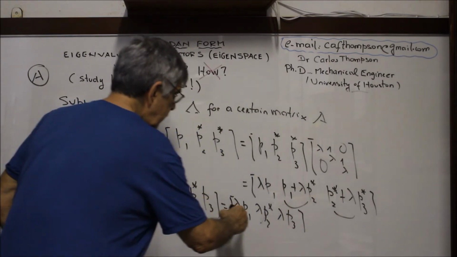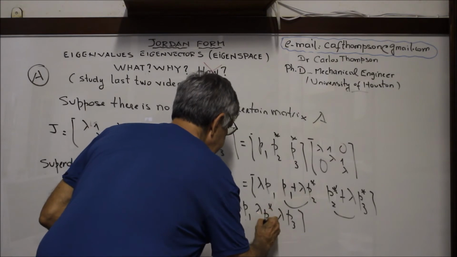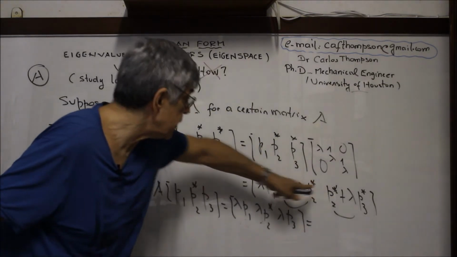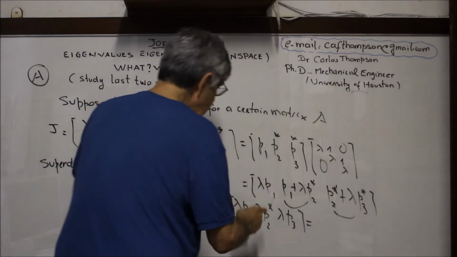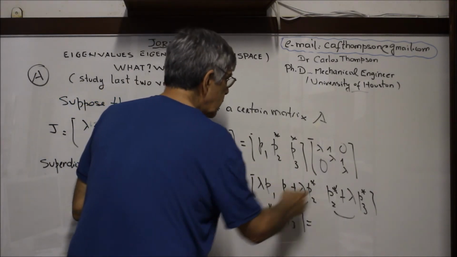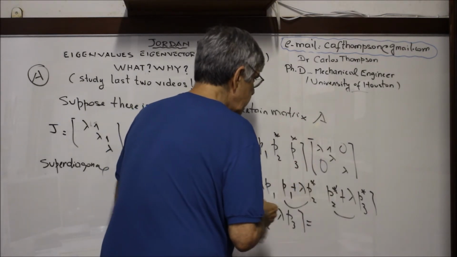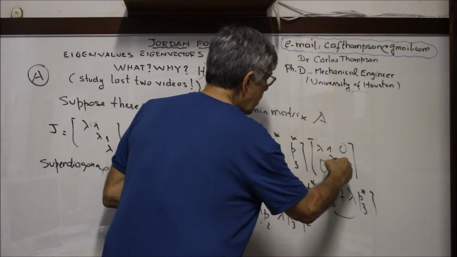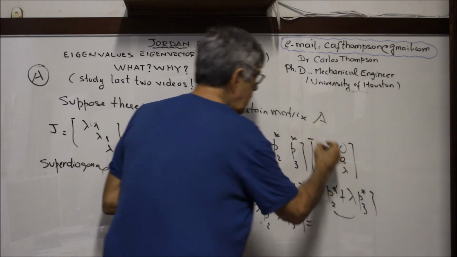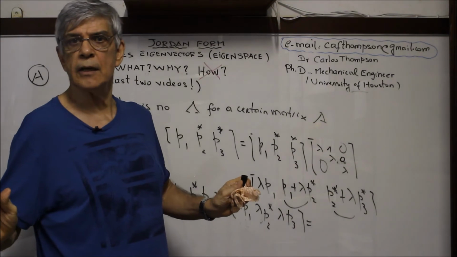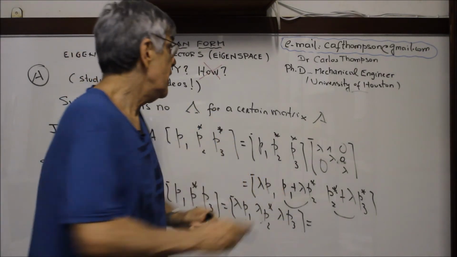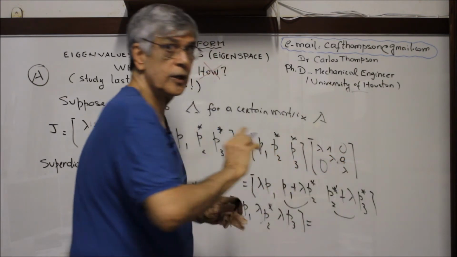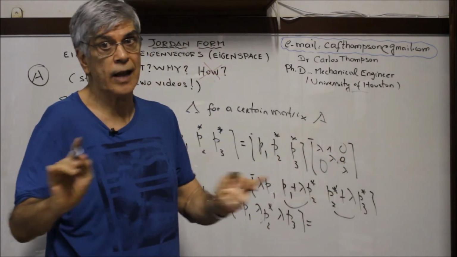It will be different here. Why? Because in this case I put 0 here. In the super diagonal, I have 1 and 0. This is valid for Jordan's idea. Later you will see how you put 1 here or 1 here. I'm not interested in how for the time being.